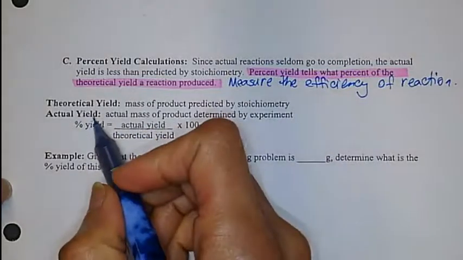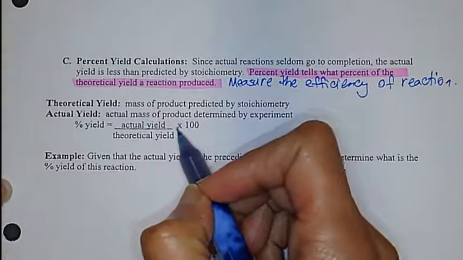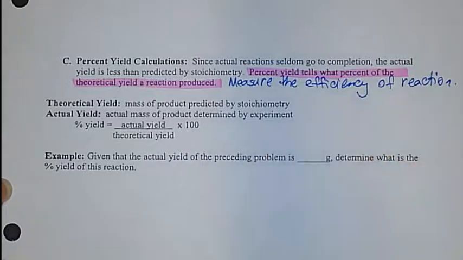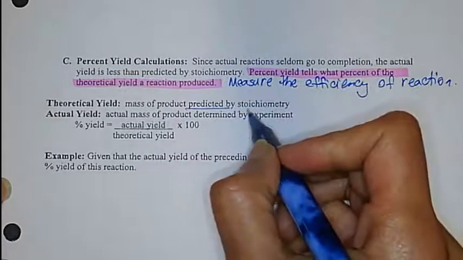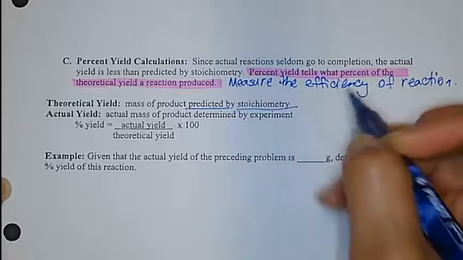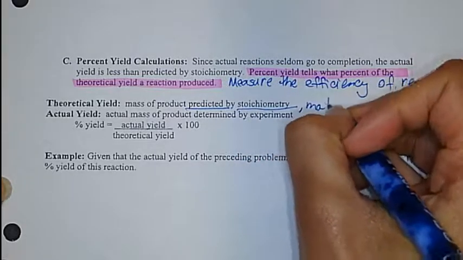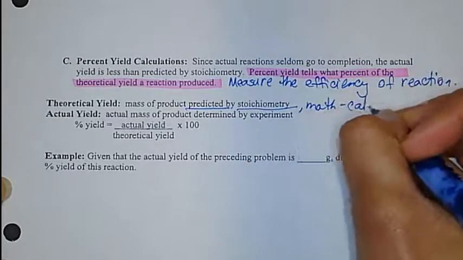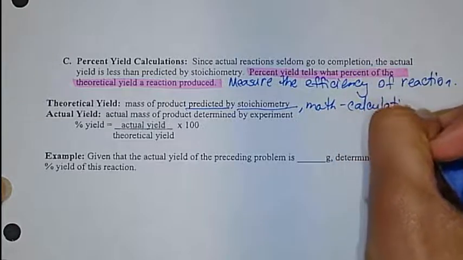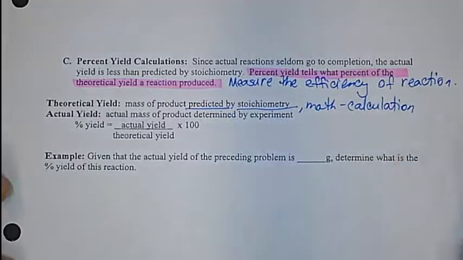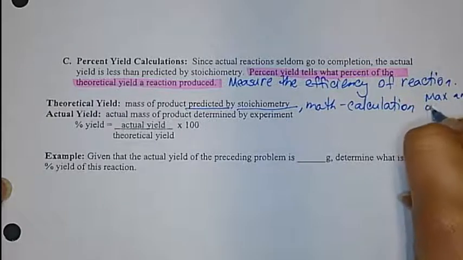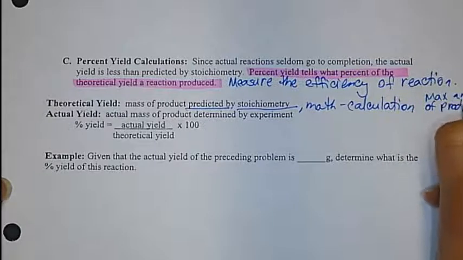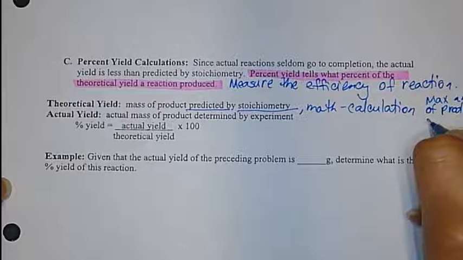So your theoretical yield is what you predict the reaction is going to produce, and this is usually done through stoichiometry, or we say it is done through math. It's calculation based, and it usually tells you the maximum amount of product that's going to be produced in the reaction.